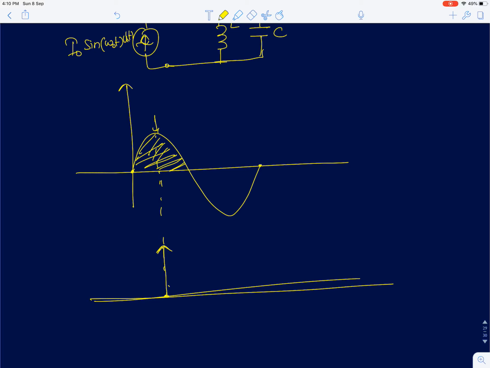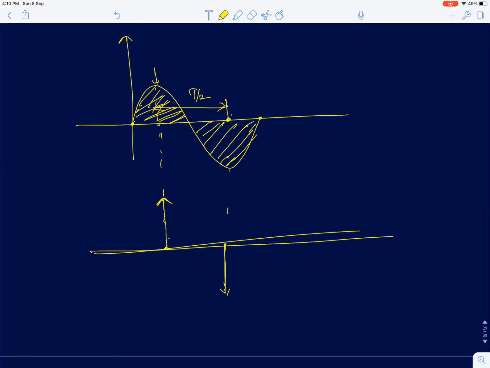Okay, and similarly for this area, I can assume that you are transferring a negative charge to the system, and I'm going to show it again by an impulse. You should understand these two impulses are located at the center of each half of the sine wave, so the spacing between the two will be T by 2.